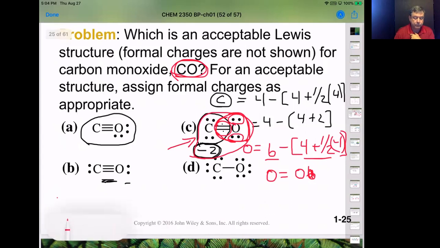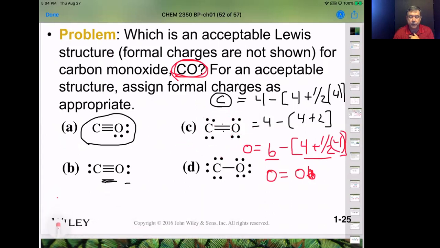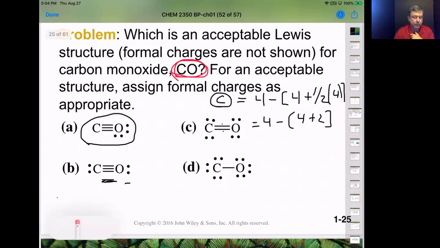Let's do these calculations again for some of the other Lewis dot structures, and we'll do them a little quicker because we're getting pretty good at this formal charge thing, since we know where all the electrons are coming from.